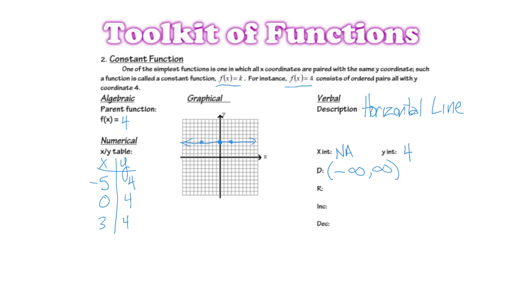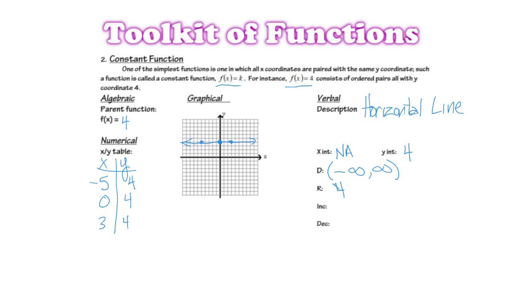The range is your possible y values, and you can see from your table that your possible y values are all just 4. That's kind of hard to write in interval notation, so a lot of times we will just write the number. So the range is 4.